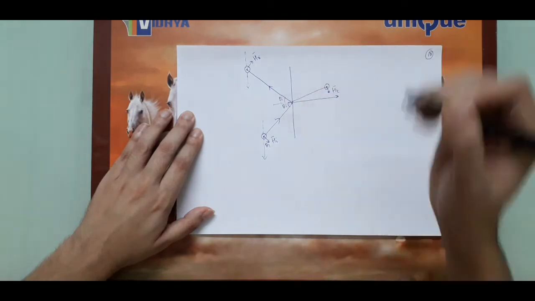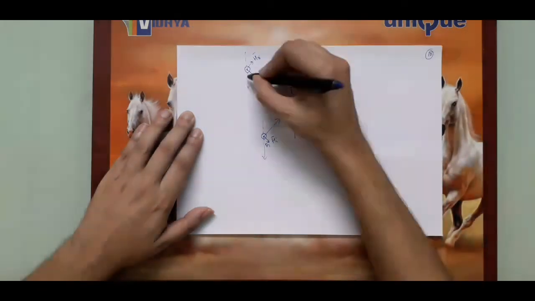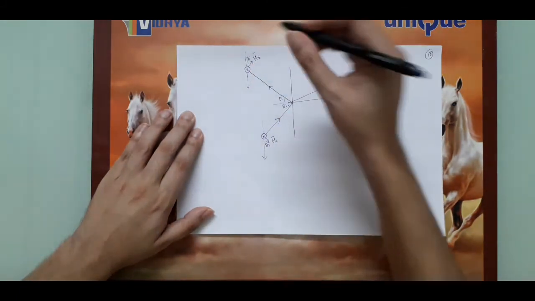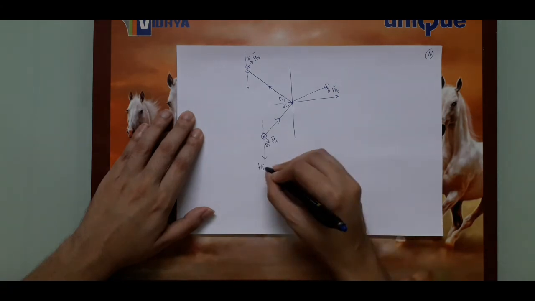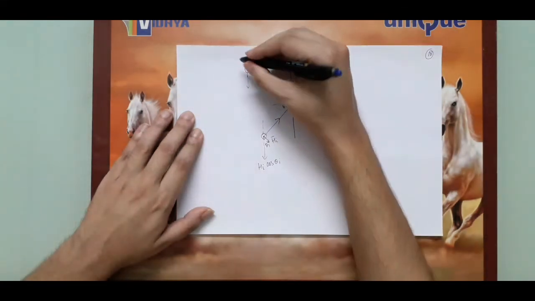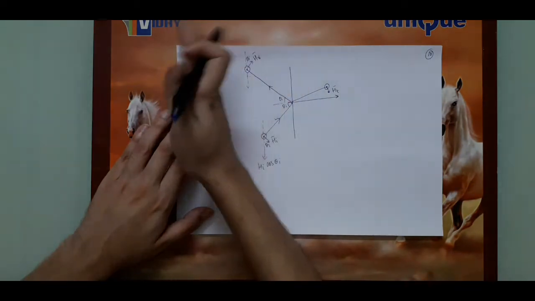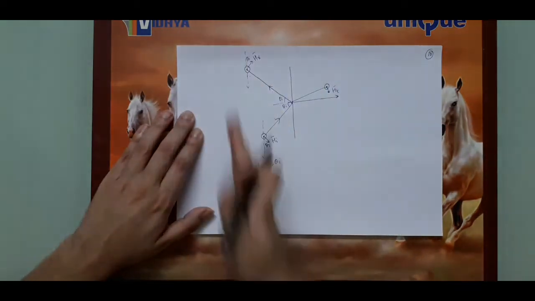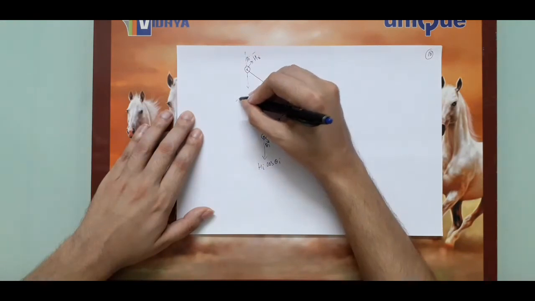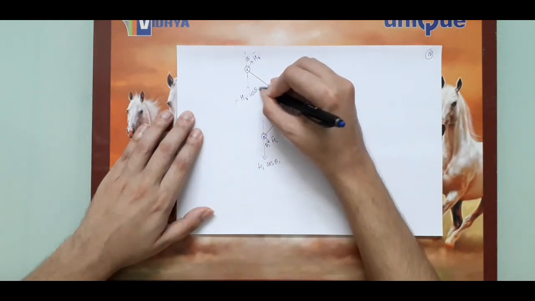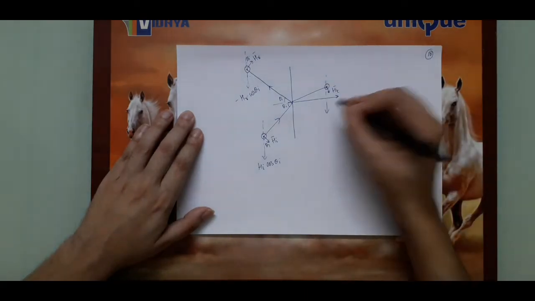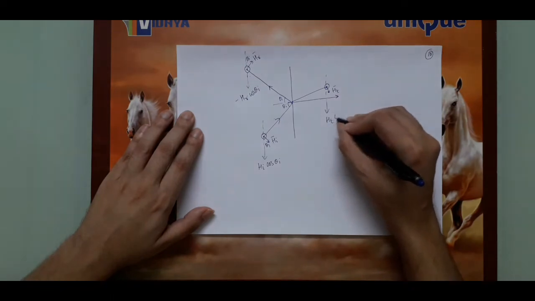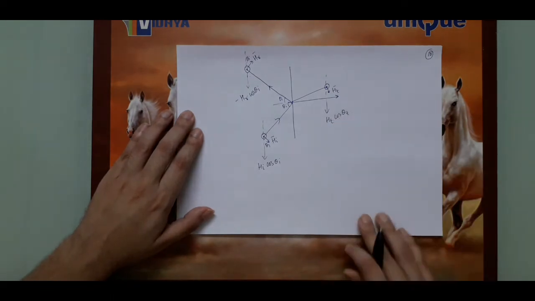This is theta I, so this will be 90 minus theta I, and this will be theta I. So this component for the incident wave will be Hi cos theta I, and since the reflected component is existing along the upward direction, we can call this minus HR cos theta I. And over here we can again take the projection along this direction, and it will be Ht cos theta t.